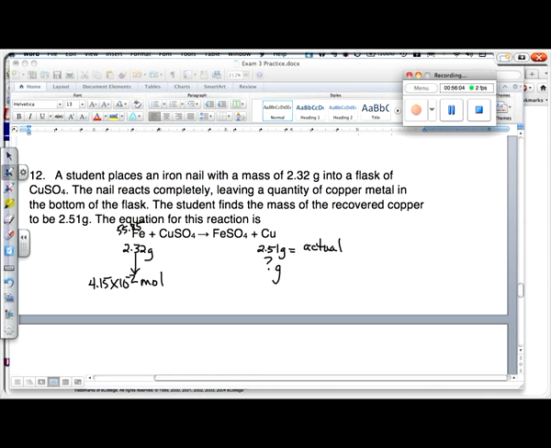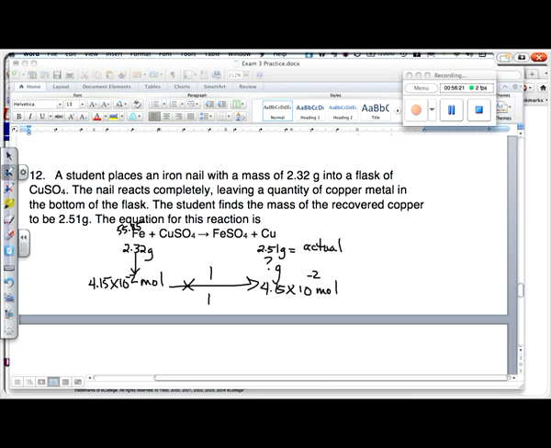All right, so 4.15 times 10 to the minus 2 moles of the iron. Moving over to the copper times 1 over 1. So 4.15 times 10 to the minus 2 moles of the copper.